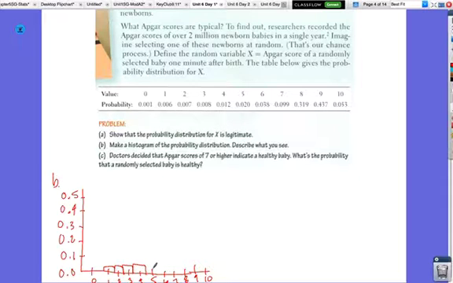Then 4, 5, and 6. 7 shoots way up. 8 shoots way up, so it's above 0.3. That one's a little different. 9 is almost 0.5. And 10 is small again.